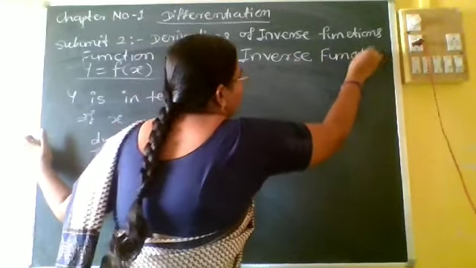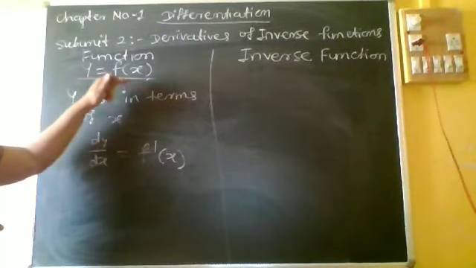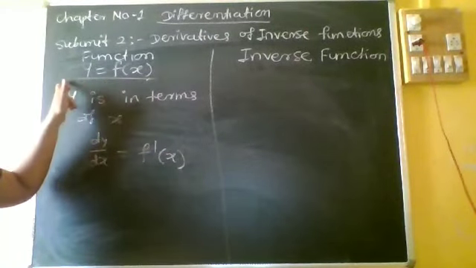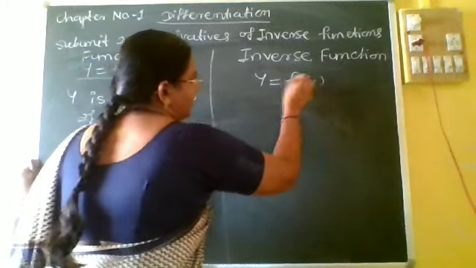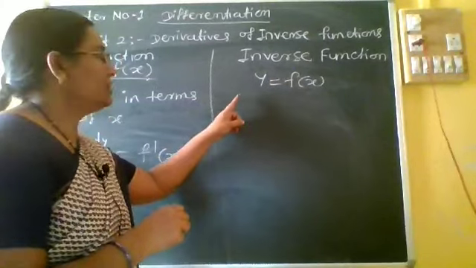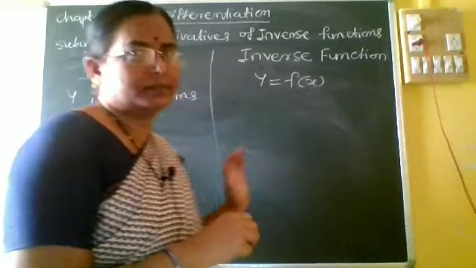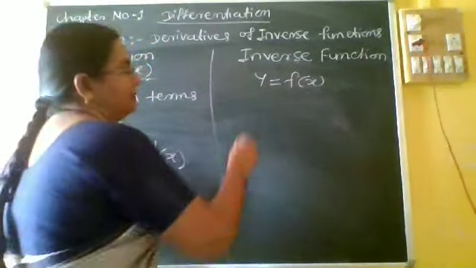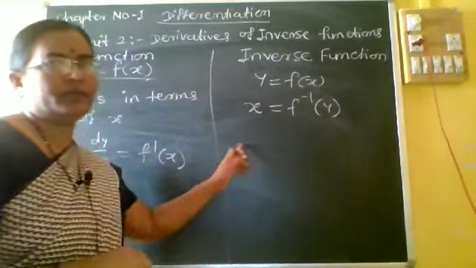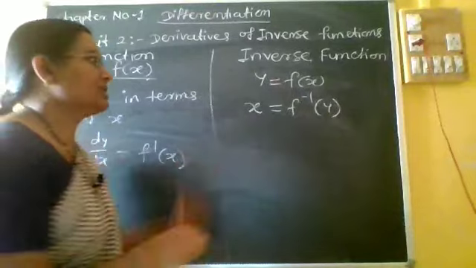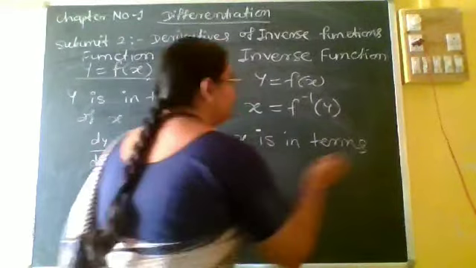The inverse function of this function is written as x in terms of y. That is, y is equal to f of x is the function which is written as y in terms of x, but the inverse function is written as x is equal to f inverse of y, means x is in terms of y.